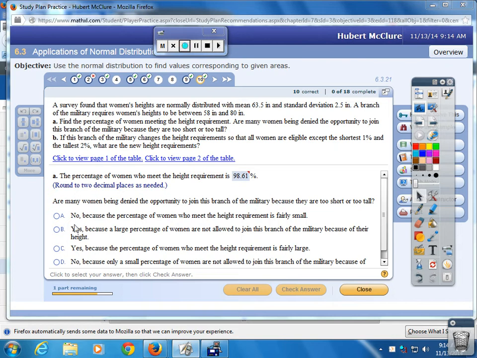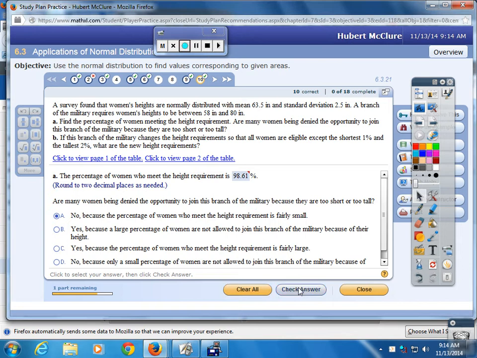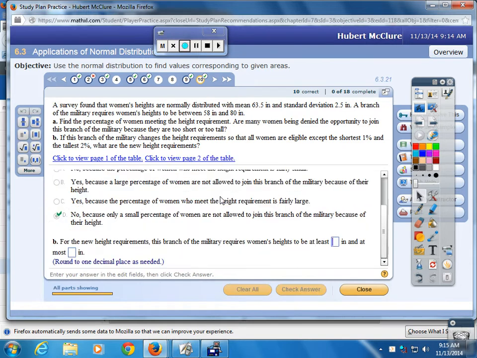Are many women? No. Why is it wrong? See, yeah, it says their families. Okay, well, which one is it? This one? Whatever, I don't read the questions. I'm a guy, I don't read them. For the new height requirements, this branch is at least what? 4.8.